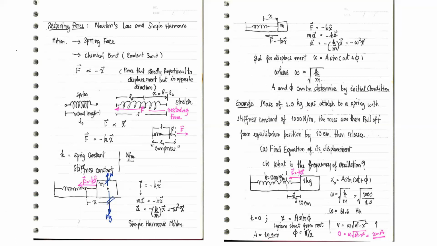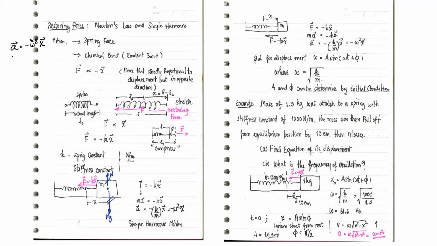According to harmonic motion, a is minus omega squared x, where x is the displacement.